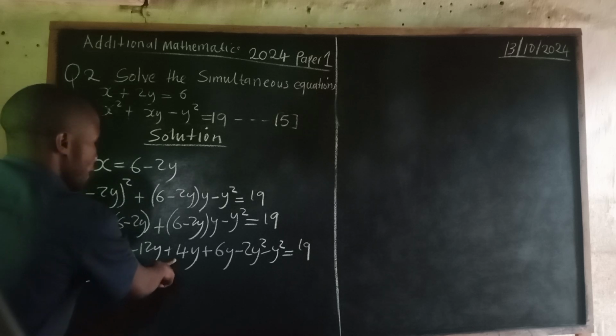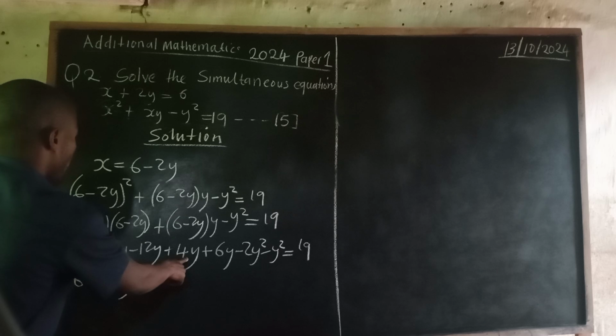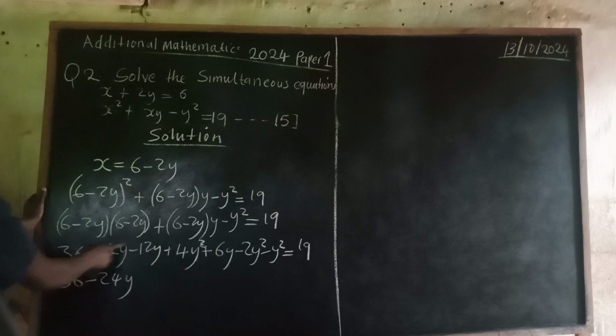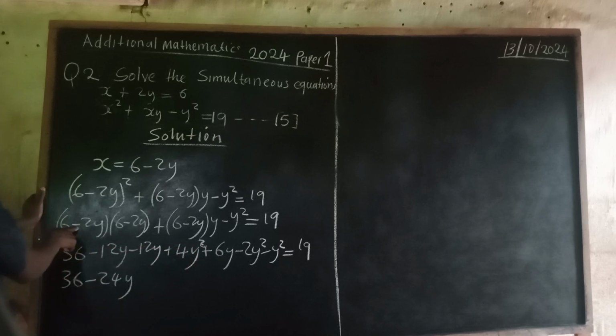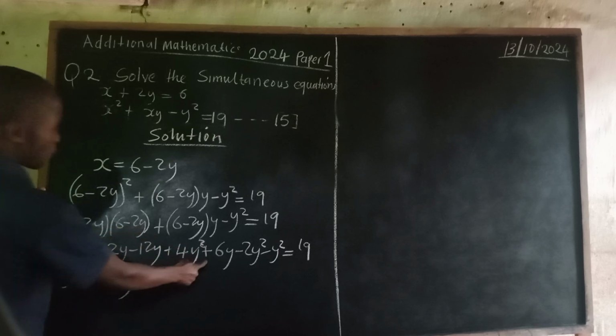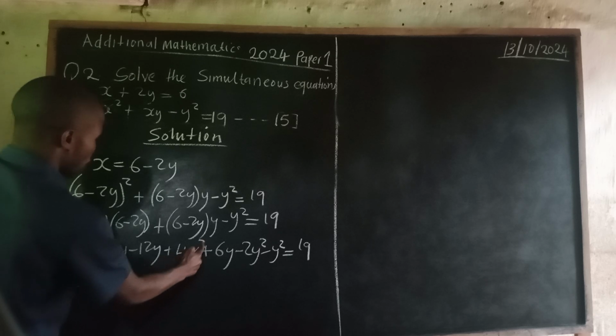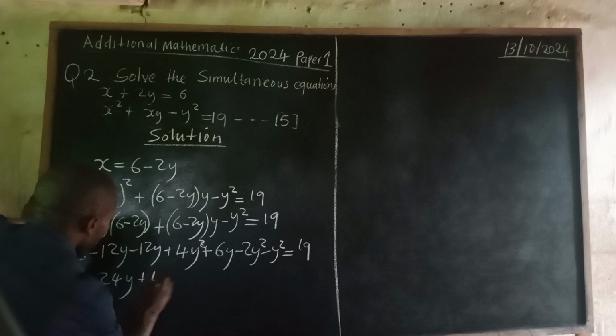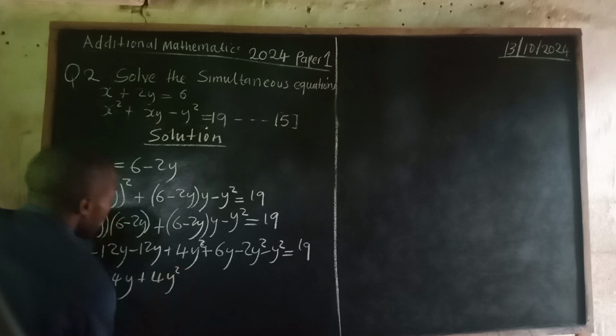Then this is 4y squared, because negative 2y times negative 2y gives positive 4y squared.